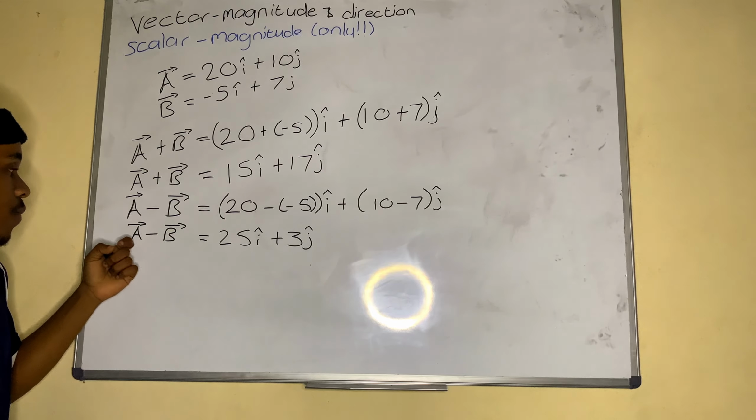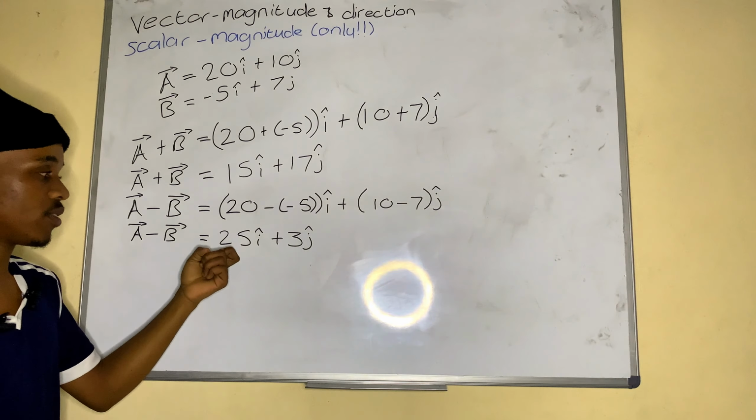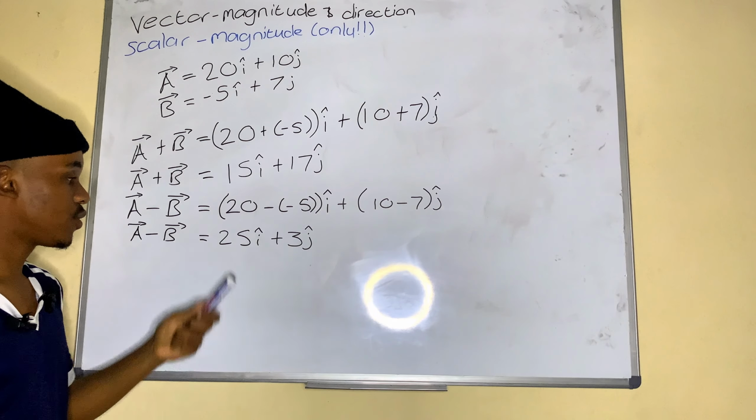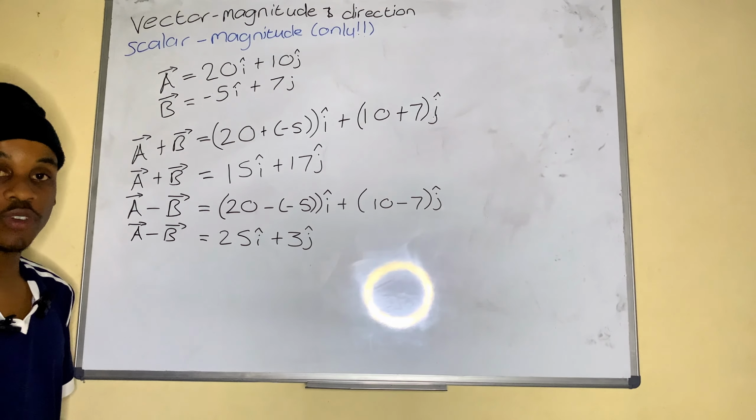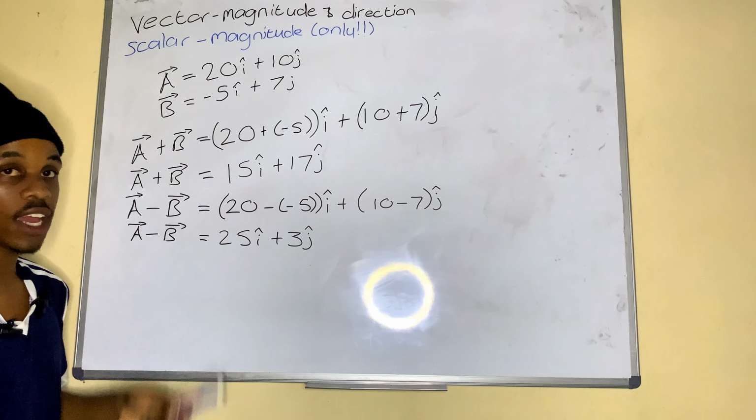We get that vector A minus vector B would give us these values. And this vector is a new vector separate from vector A and vector B.